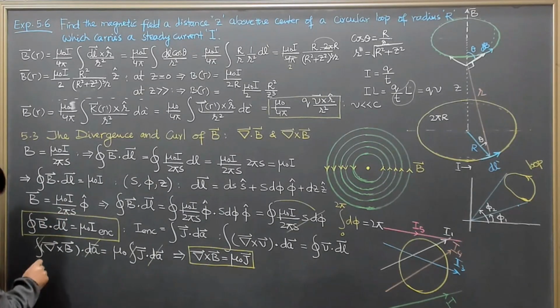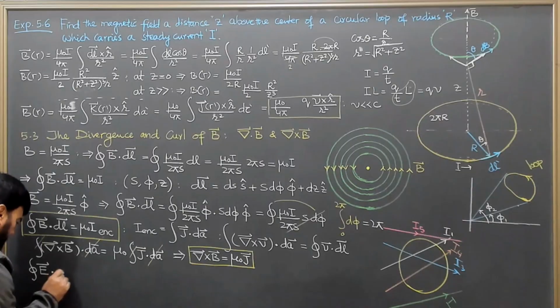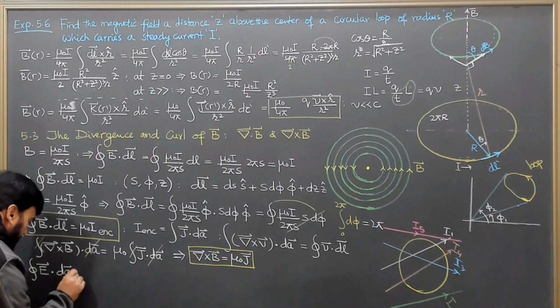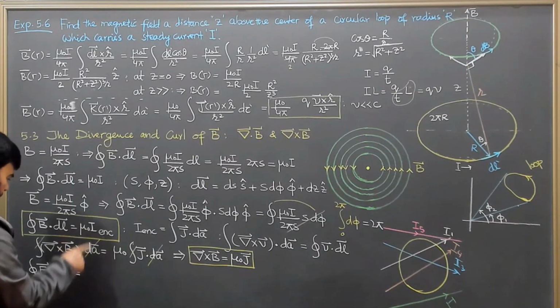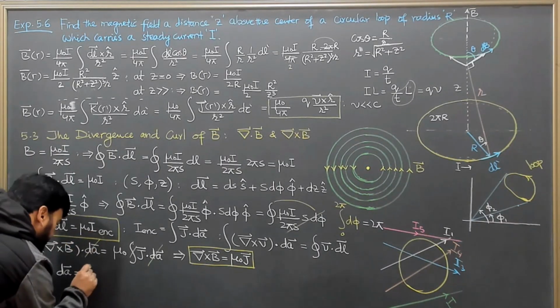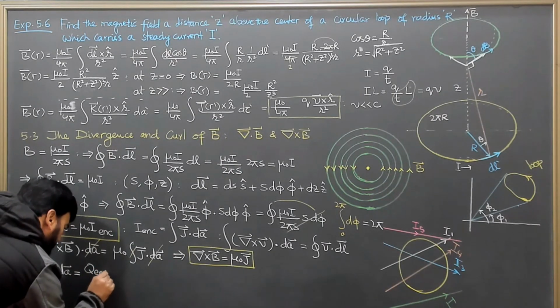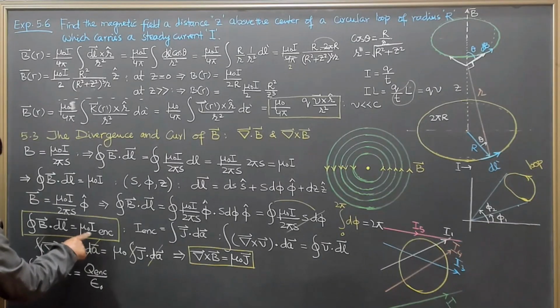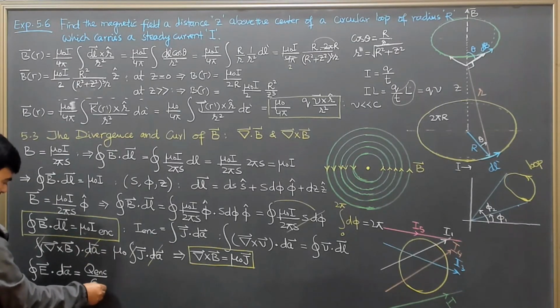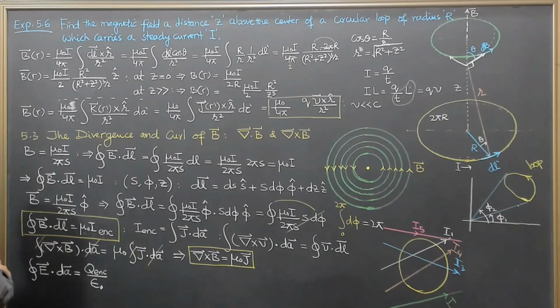Gauss's law was a closed surface integral of E dot dA equal to, so here B dot dl, here E dot dA, and here mu naught I enclosed, we had Q enclosed over epsilon naught. Mu naught is direct proportionality, epsilon naught is inverse proportionality to the electric field.